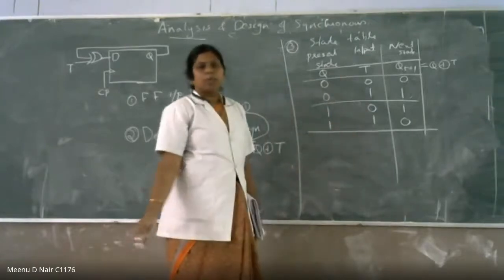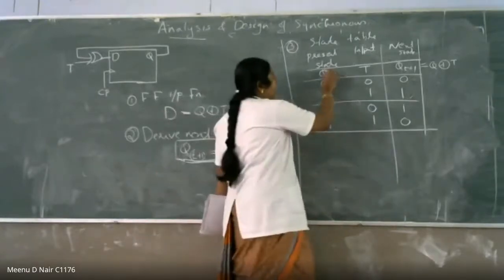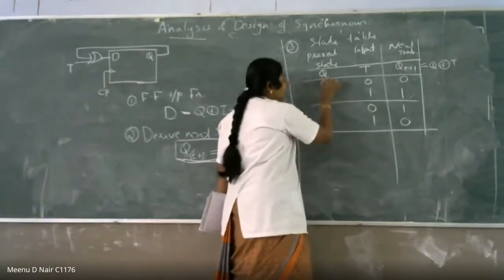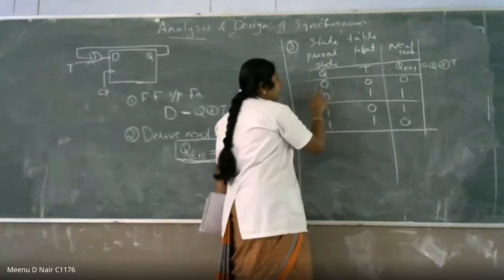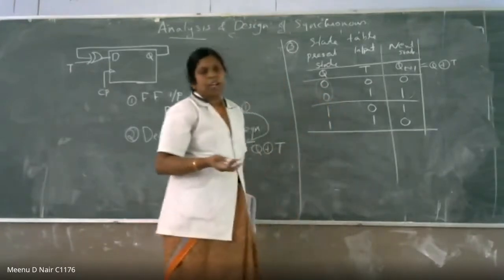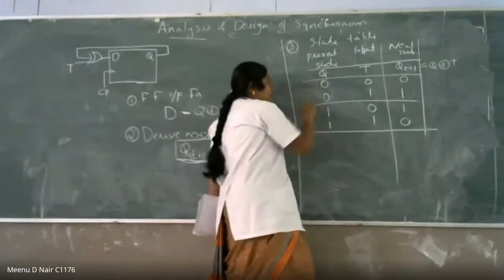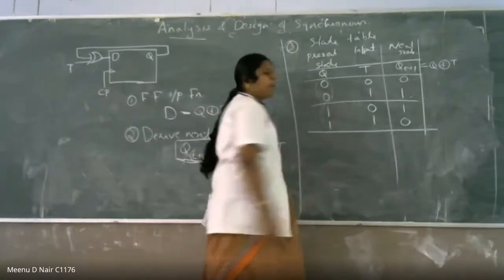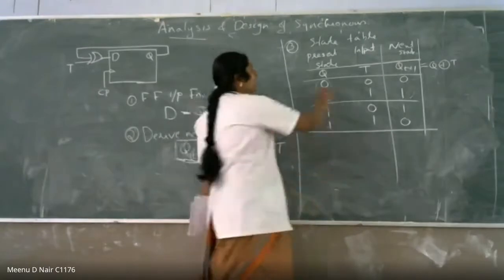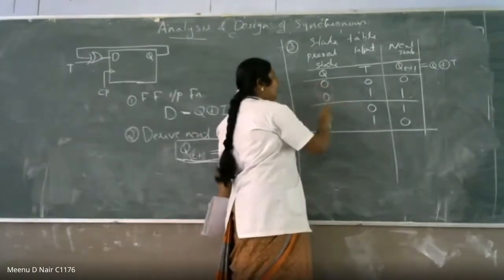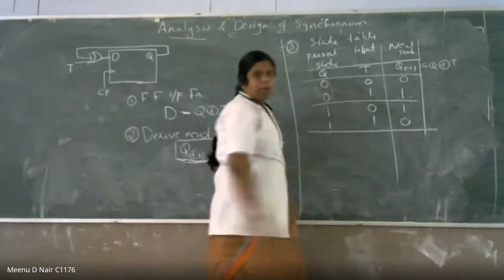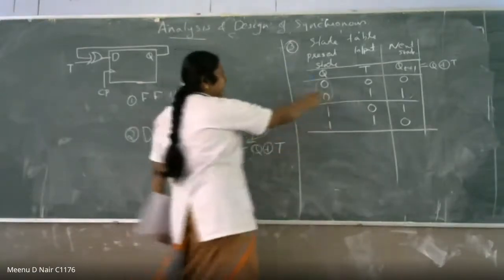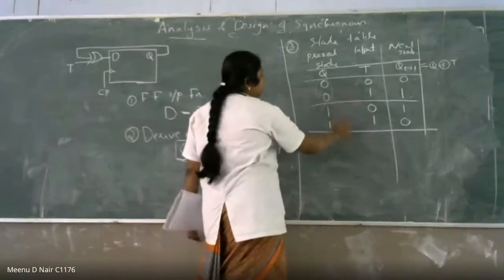The only thing is you write Q here and T there. Similarly, if your present state is 1, input can be 0 or 1. It is the same order in which we write a 2-bit binary number: 00, 01, 10, 11.